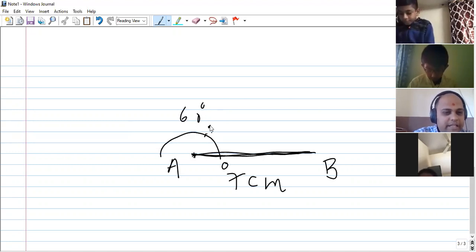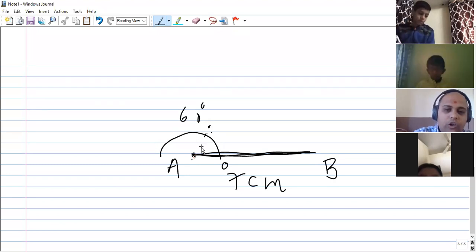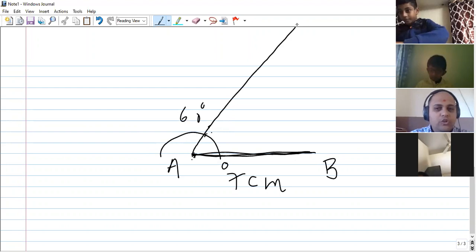Done, exactly at 60 degrees. Then connect A and B, and draw a long line like this one. Okay, do it.